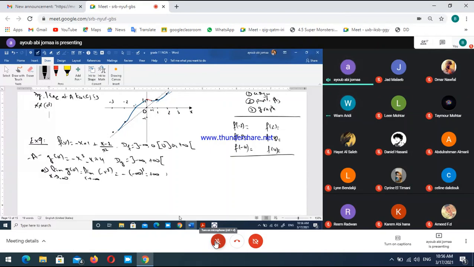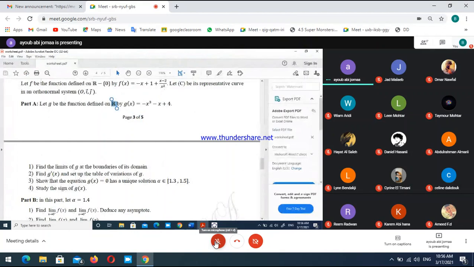And the limit of g of x as x approaches positive infinity is the limit of negative x power 3, and the answer will be negative infinity. Next, find g prime of x and set up the table of variations.